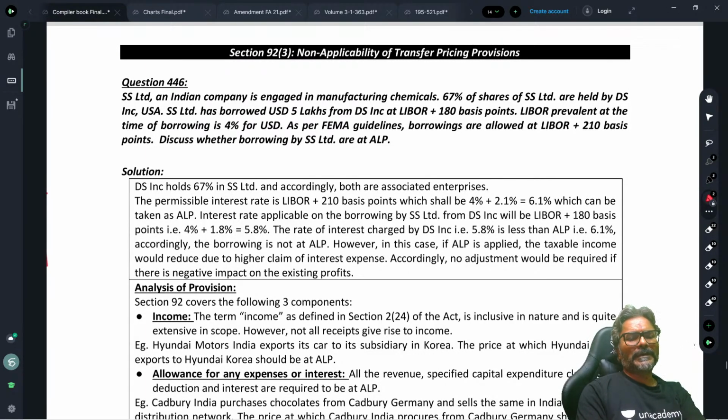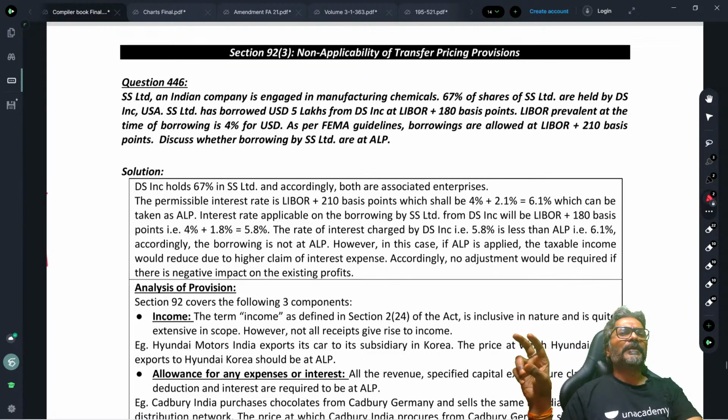So I hope that all of you are through with this one, and that was a simple question, isn't it? But I should tell you, in the examination, students have completely ignored this particular proposition, meaning this is actually a very, very specific question, which is based on the downward adjustment.